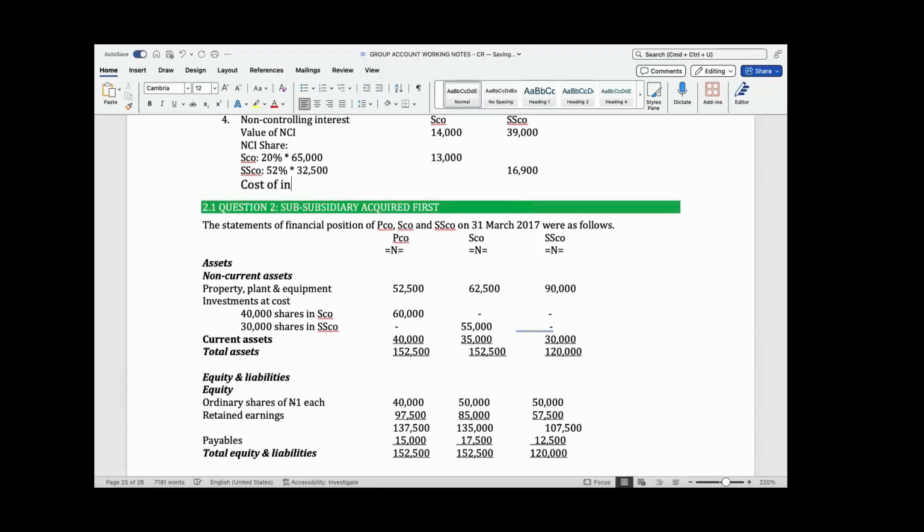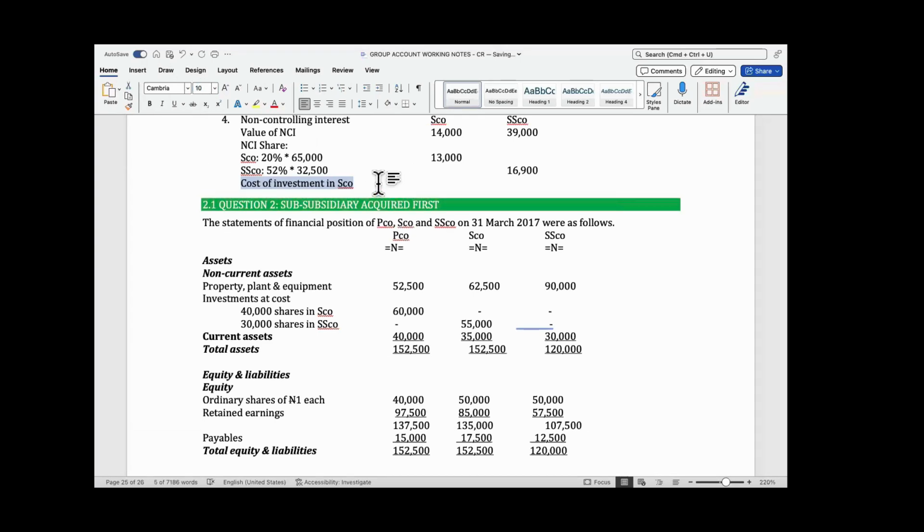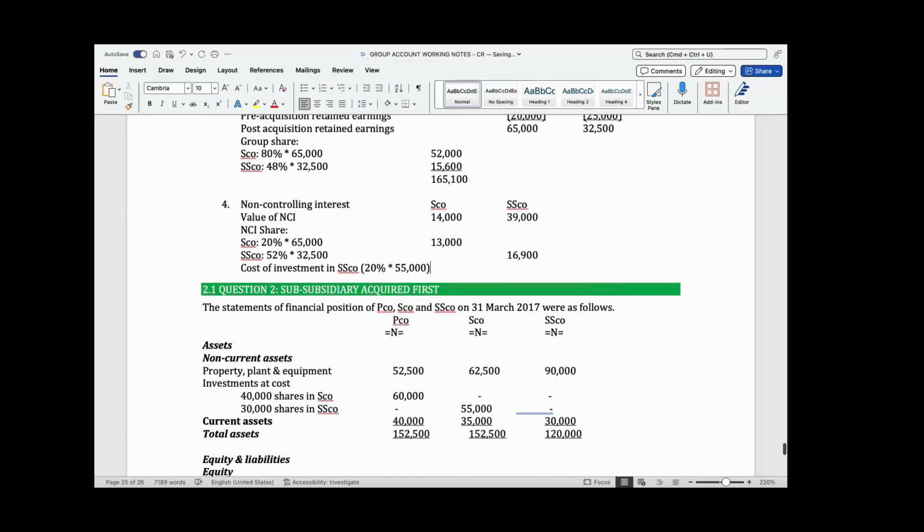So what's our cost of investment in SSCO? Is 20% of 55,000. What would that give us?